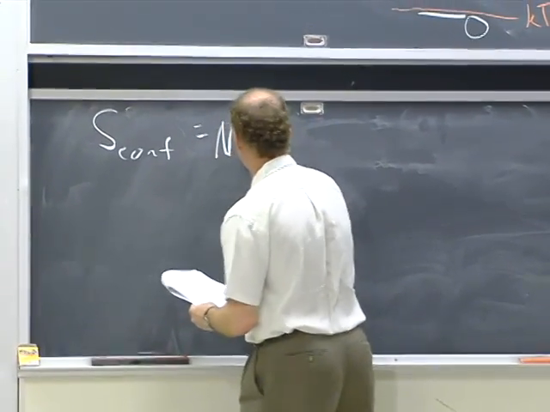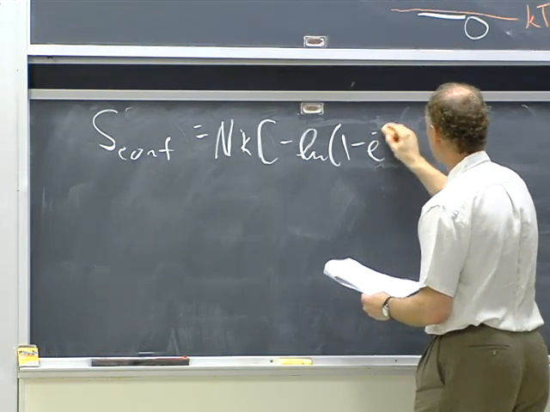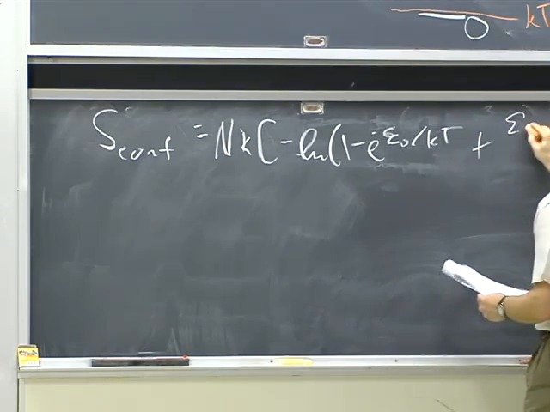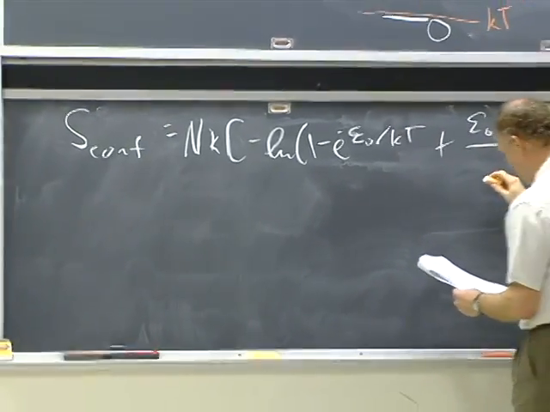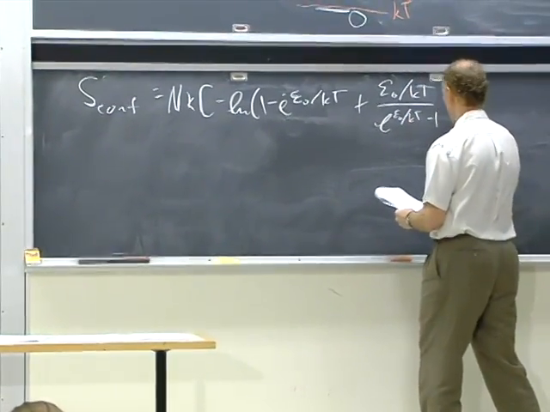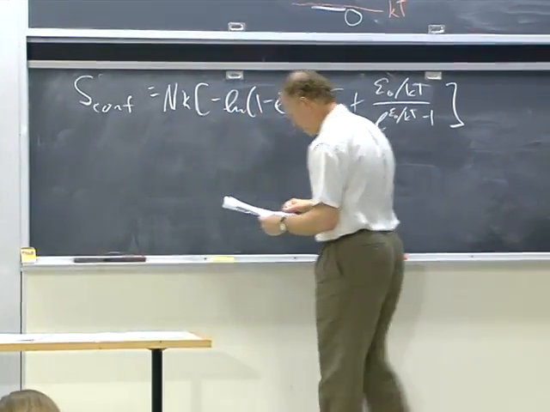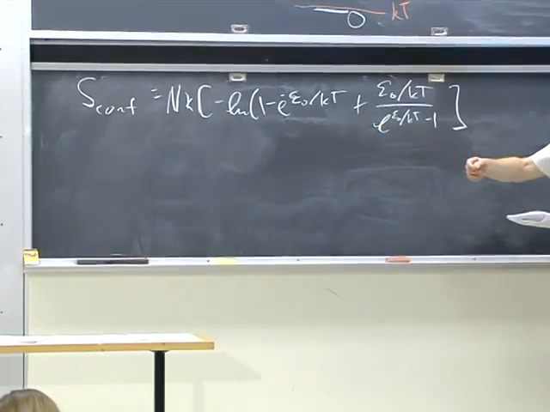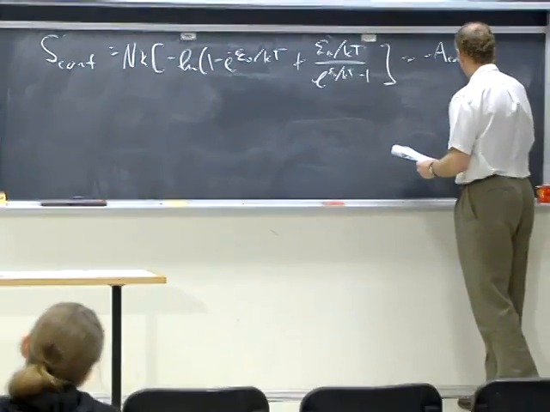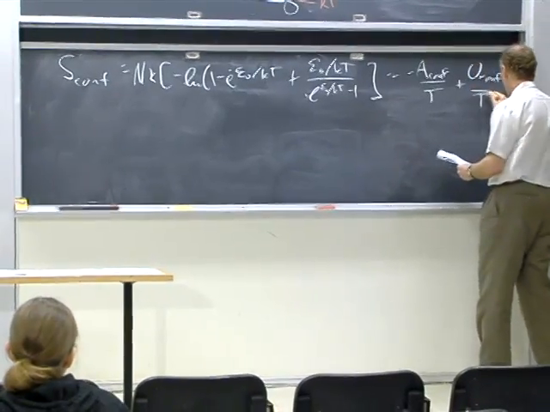So it turns out to be nk times minus log of 1 minus e to the minus epsilon 0 over kT, plus epsilon 0 over kT over e to the epsilon 0 over kT minus 1. And this comes from combining the terms for A and U, from minus A over T plus U over T.